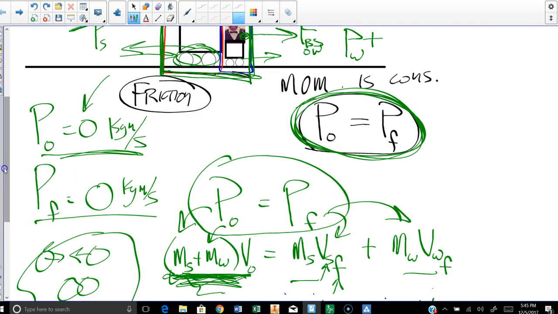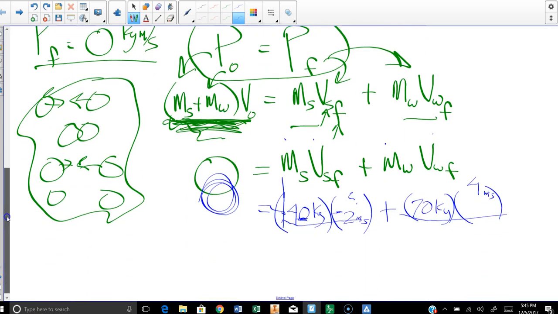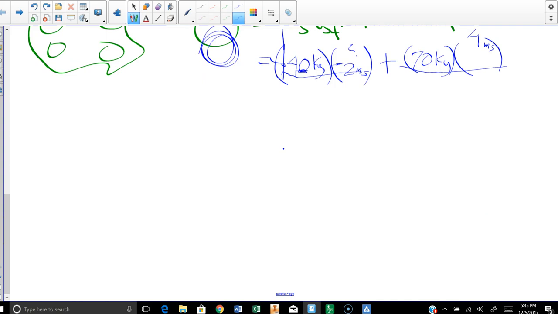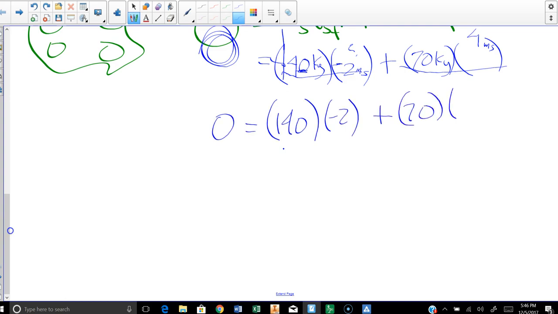So I know that 0 equals, in this case, 140 times negative 2, and these are all made up numbers just to illustrate the point. So this would work out to be 0. So all you really needed to know would be, of these 4 things, 3 of them, and you could find the last one.